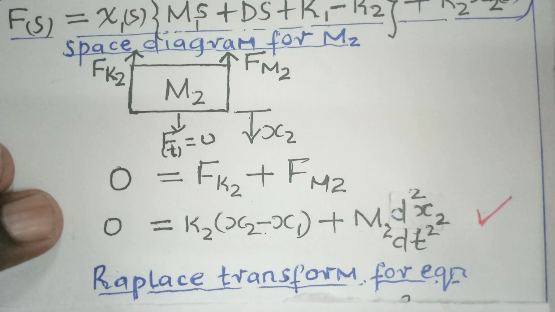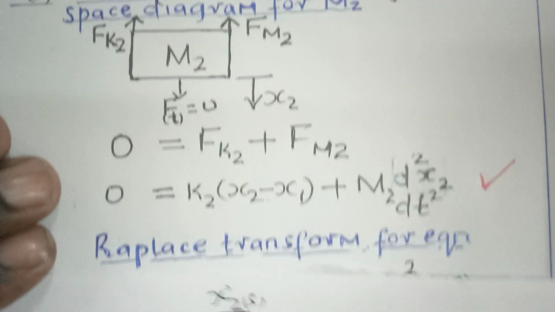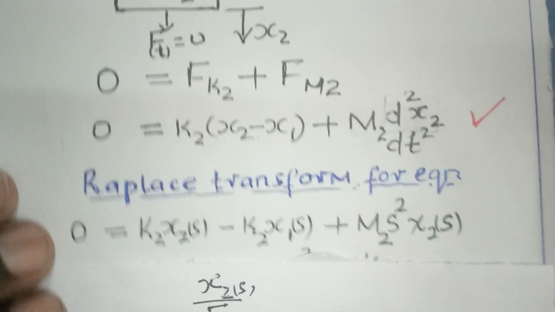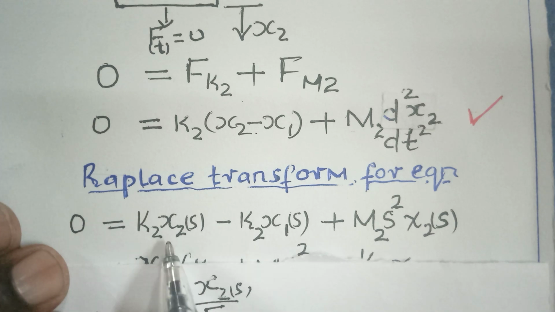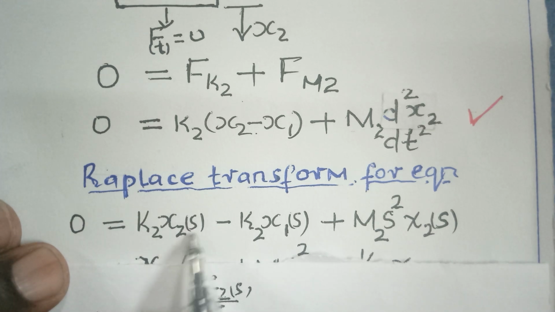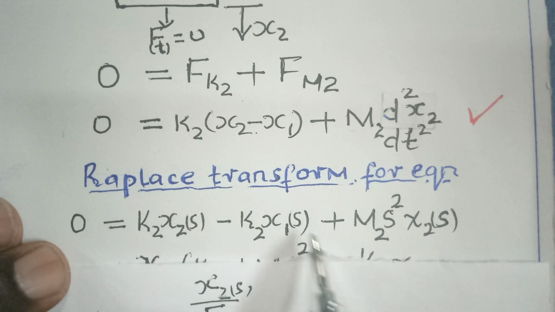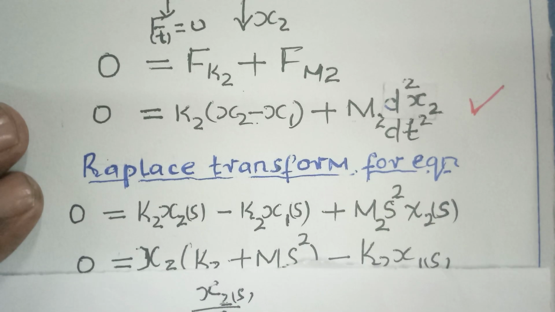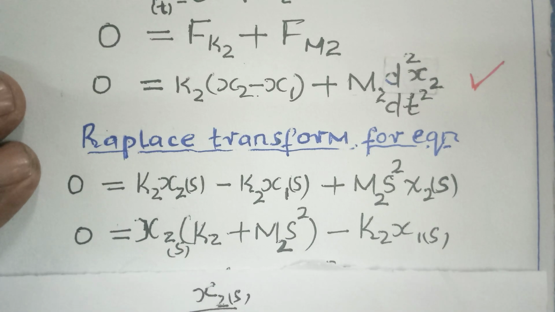Now, guys, we go to the Laplace transform for that. In doing the Laplace transform, guys, as you can see, we have put 0 equal to, we change all that to Laplace transform by putting s, and this s squared. This s in brackets is the sign of the Laplace transform. And finally, guys, this is what we get.